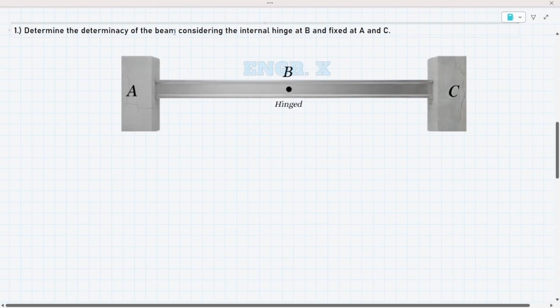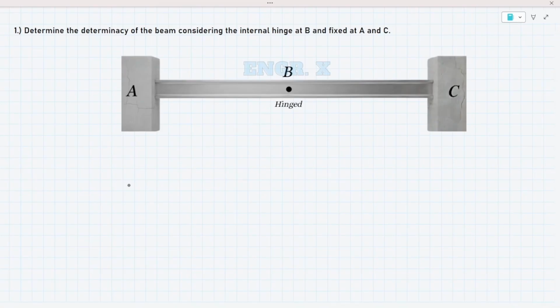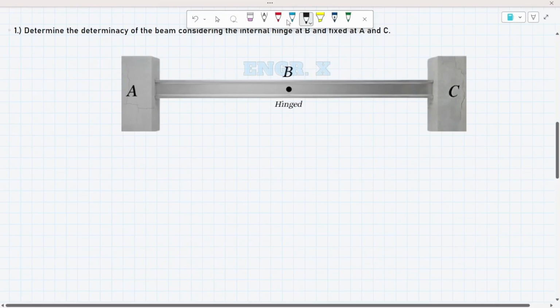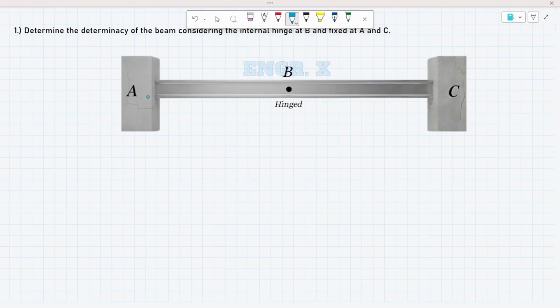Sige. Let us start solving number 1. Determine the determinacy of the beam considering the internal hinge at B and fixed at A and C. So first, let us represent the forces present in each beam. At A, meron tayong tatlong forces or tatlong unknowns.